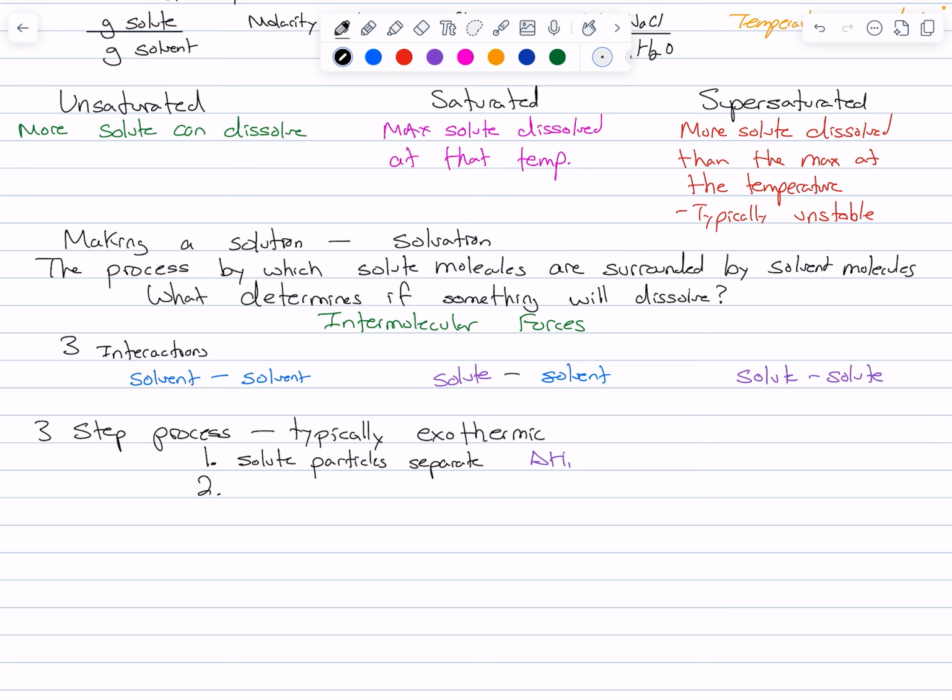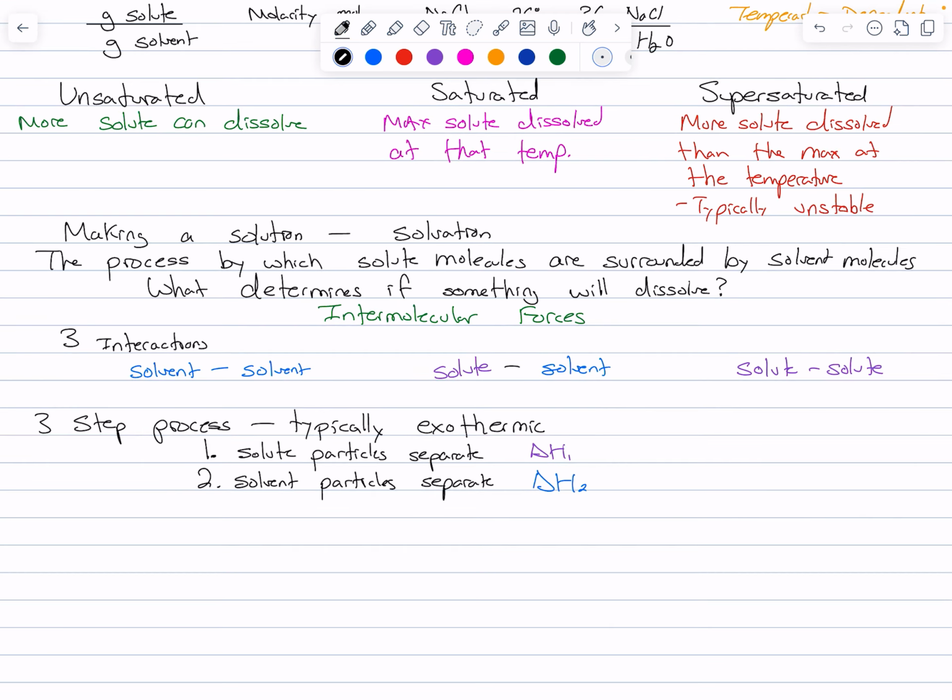Two, the solvent particles have to separate. That also has energy, because breaking bonds requires energy.